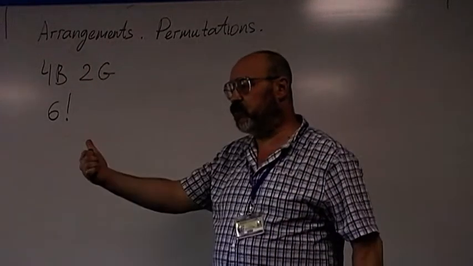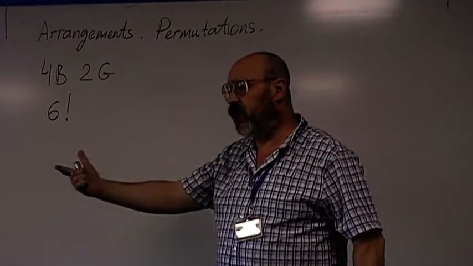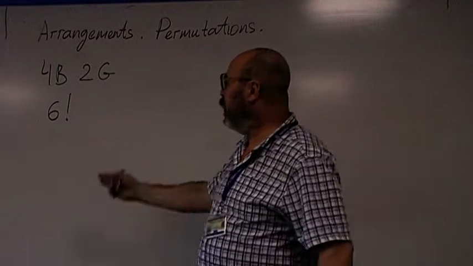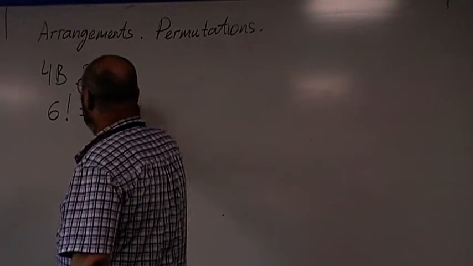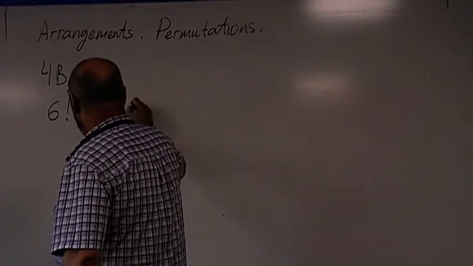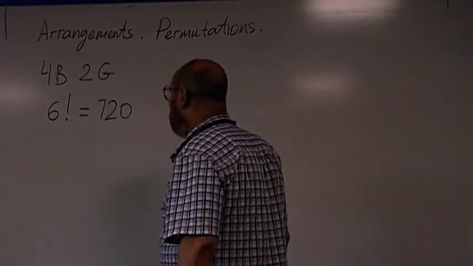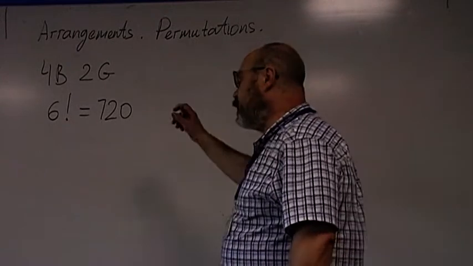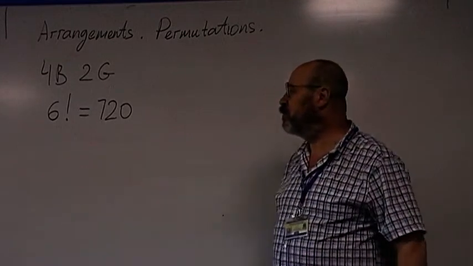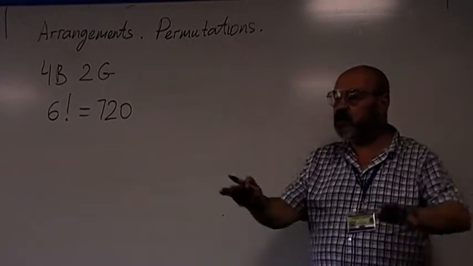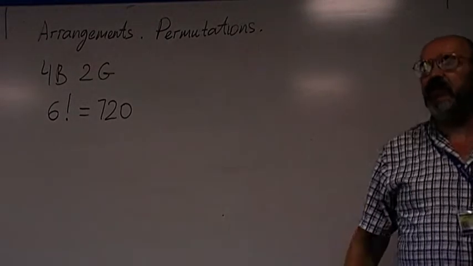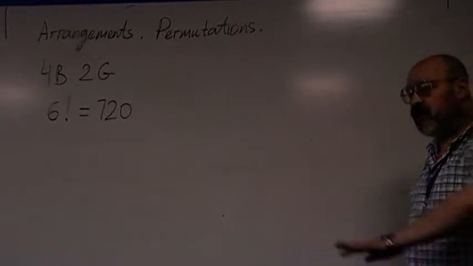Because we'll have 6 choices for the first place, 5 for the second, and that will equal 720. Let me check. We have 4 factorial is 24, times 30, 720, yes. So we can sit 6 students in a row in 720 ways if there are no restrictions.